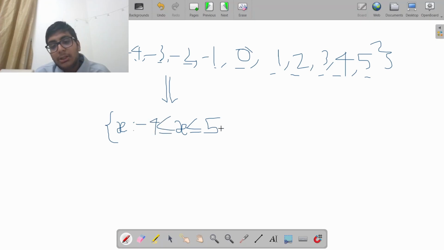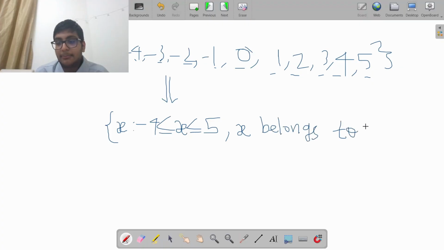But doesn't that mean I'm also including -3.9, -3.2, -2.1, or 3.5? Well, yes, but not unless I specify that x belongs to Z, where Z is a shorter way of saying integers.